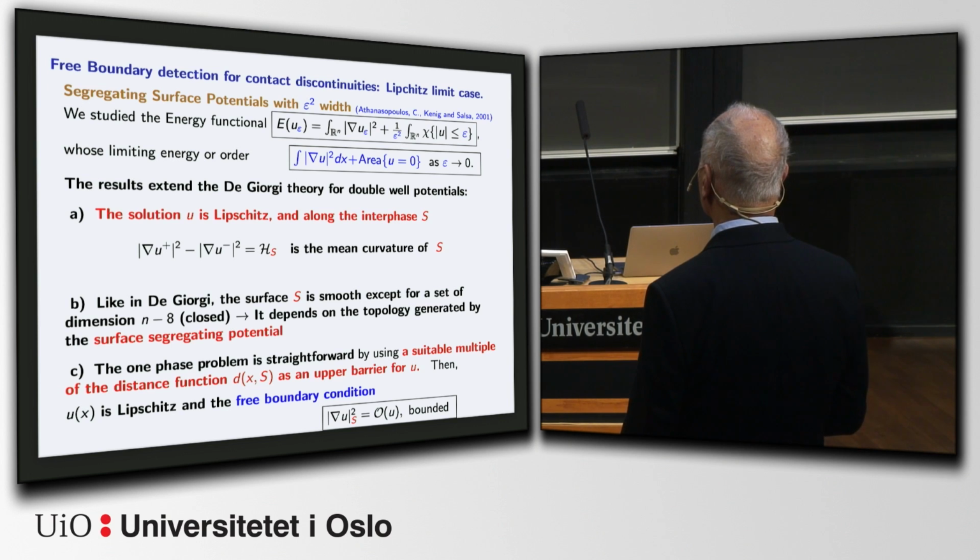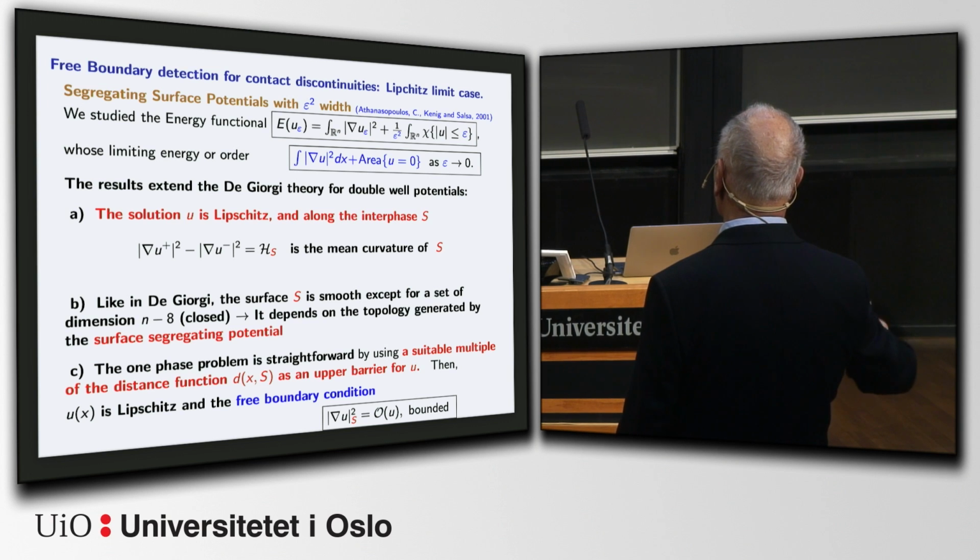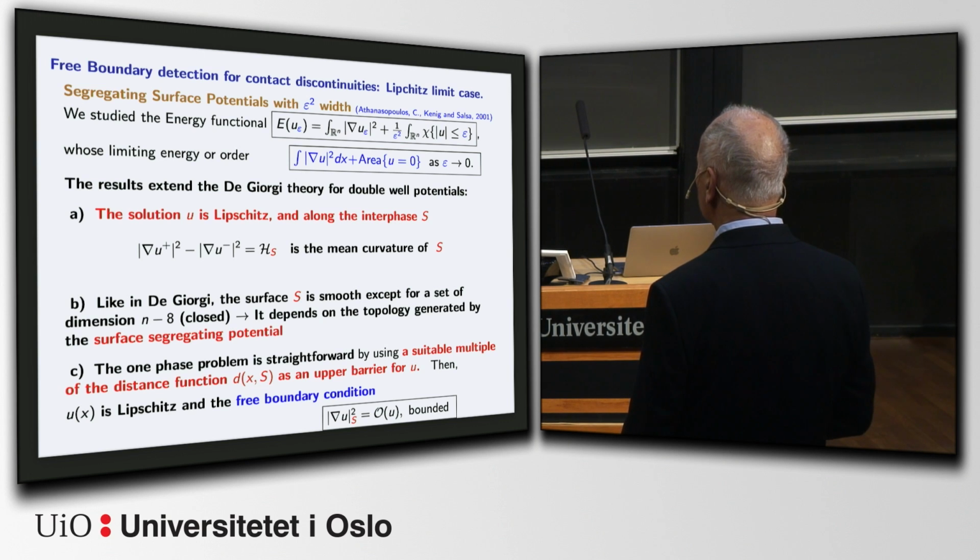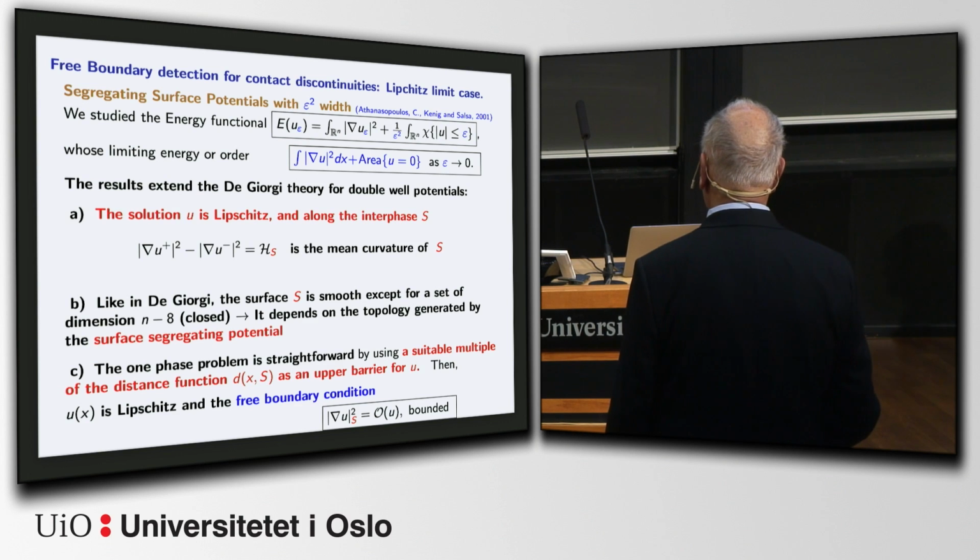That is, you have x and you have this S bounding above, right? As an upper barrier for u. Then u is Lipschitz again, and the free boundary condition, absolute value of gradient u is equal to capital O of u, that is bounded.